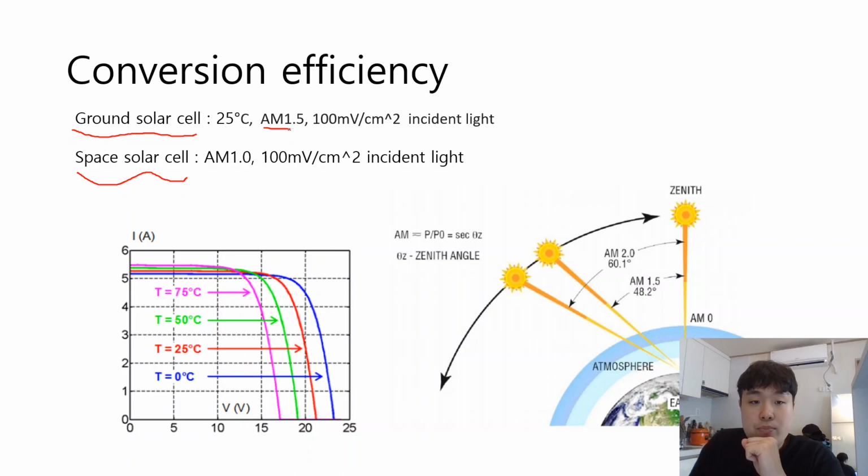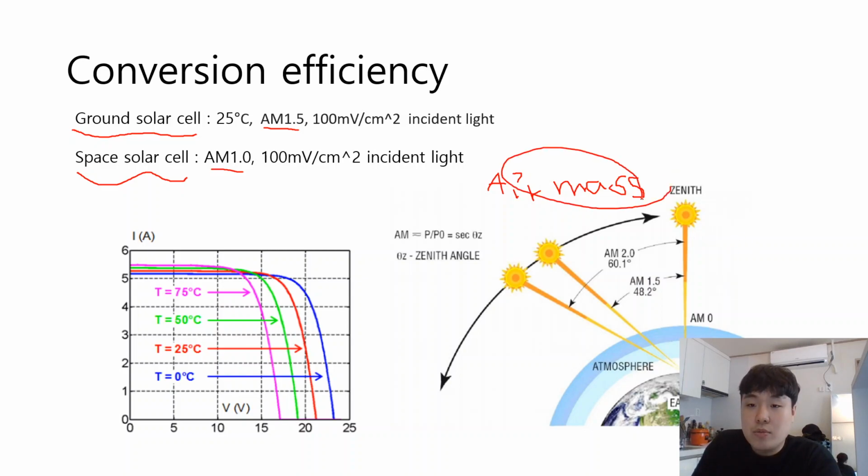And there is AM. AM means air mass. Air mass means that when sunlight is incident on the solar cell, there is scattering and many factors that decrease the solar cell efficiency, and air mass accounts for the decrease of sunlight when it is incident on the solar cell, like scattering and many other factors.